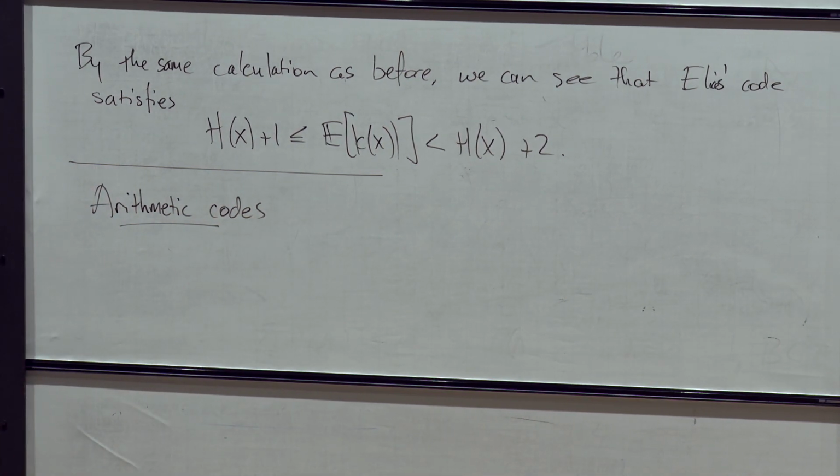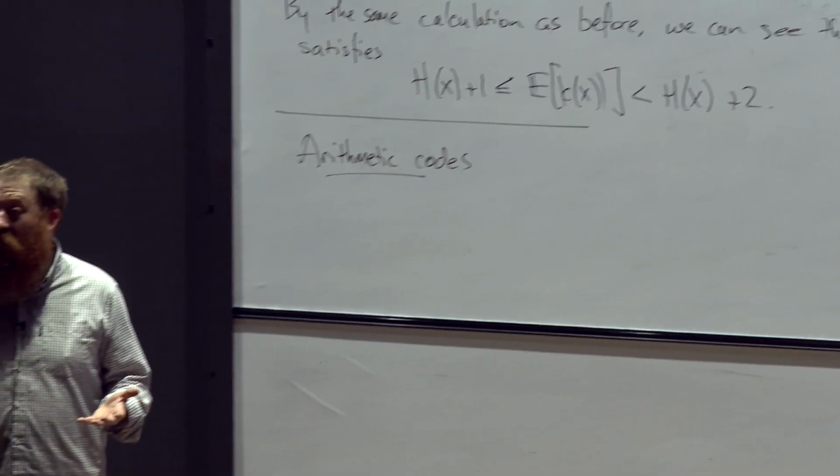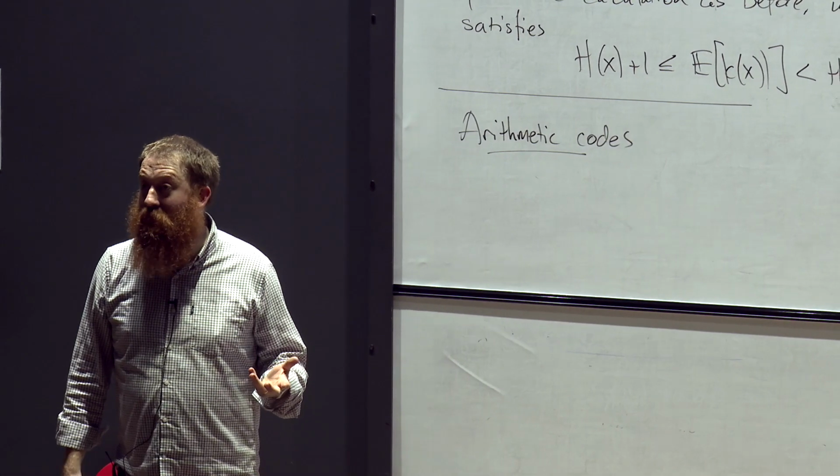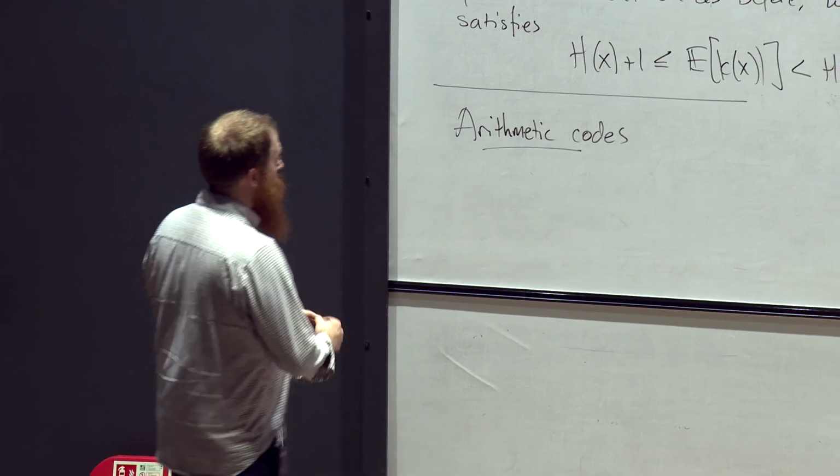So what's an arithmetic code? It's Elias's code applied to blocks.